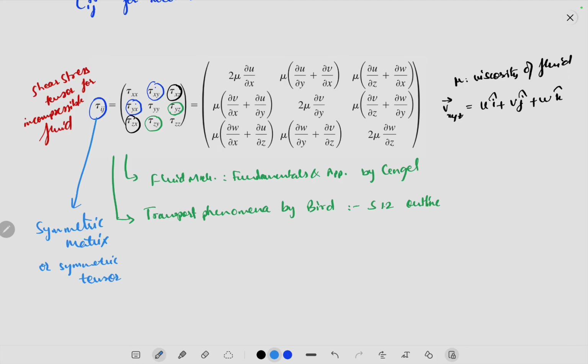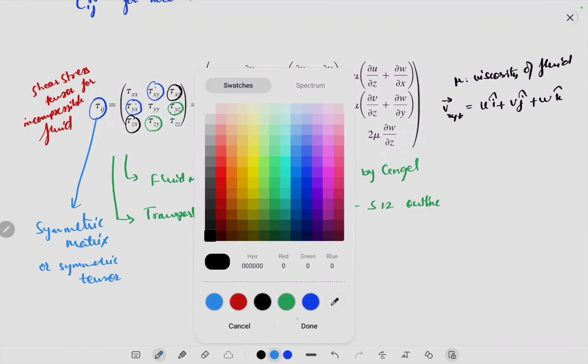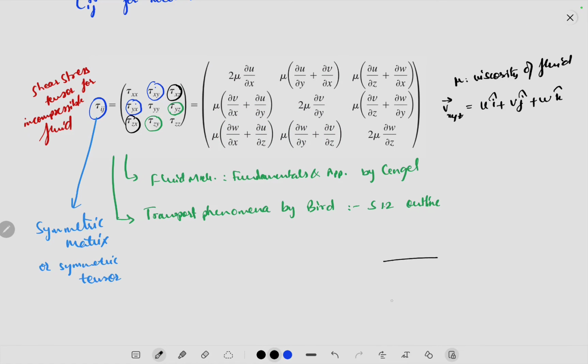Okay, so now from this matrix you can understand that, let's say you had two plates and this plate was moving with some velocity u, which is not constant but a function of x, y, z and t, and there was a fluid in between the two plates, and this plate is held stationary.